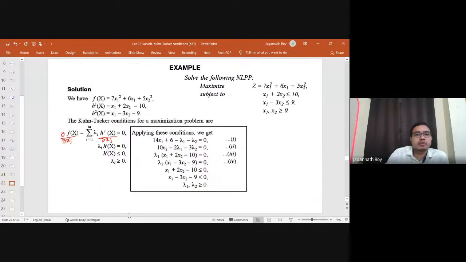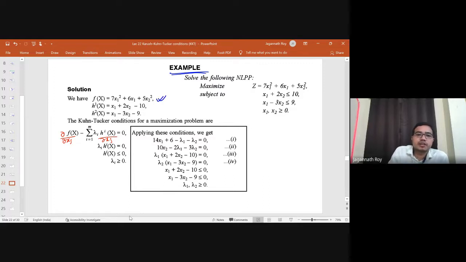Now, if you try to look at one example here, how many variables? 2 variables. How many constraints? 2 constraints. x1 and x2, and these are the variables. So, for example, we have to put it in the exam form.